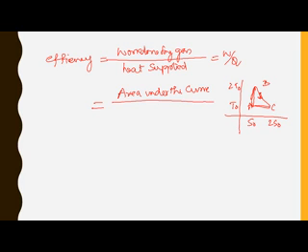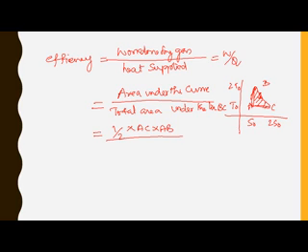And then the total area under the line BC. First, the area enclosed by ABC is a triangle, half into AC into AB. And then, what is the total area under the line BC?